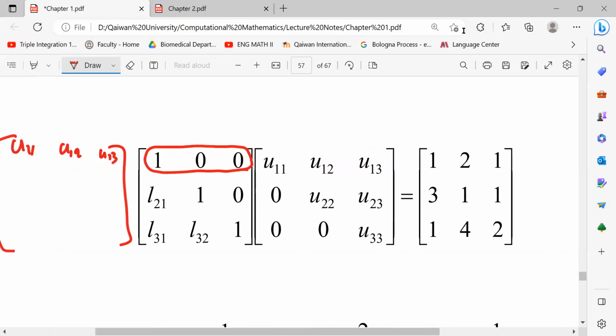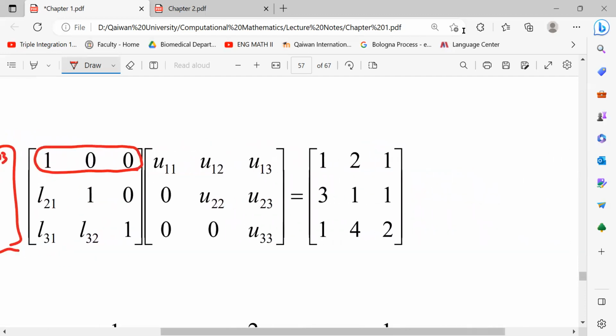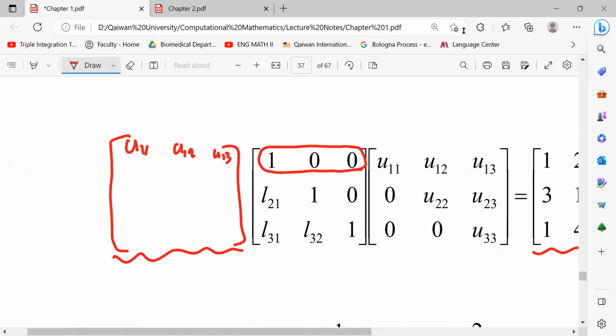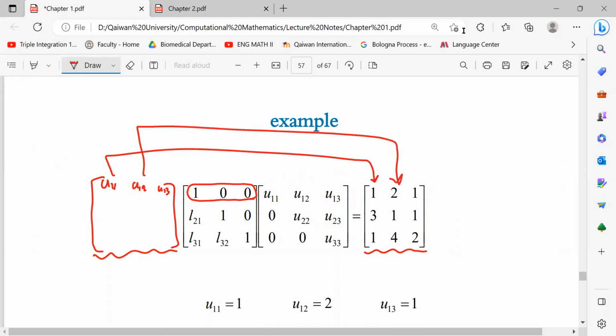Now, we say this matrix is equal to this matrix. If these two matrices are equal, this element must equal this one, and this element must equal this one, and so on.